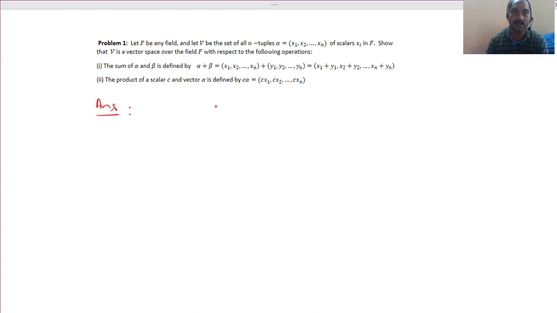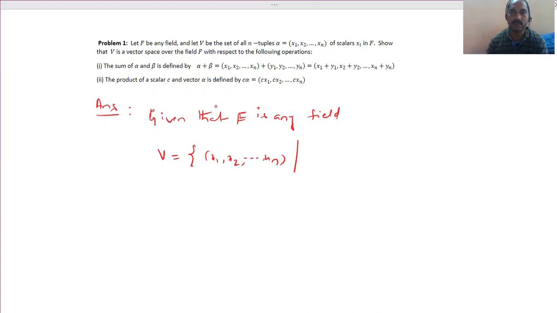It means that F is any field, and the set V equals the n-tuples (x1, x2, and so on up to xn), such that these components xi, for 1 less than or equal to i less than or equal to n, are taken from field F. Each is an element from the field, all possible elements.